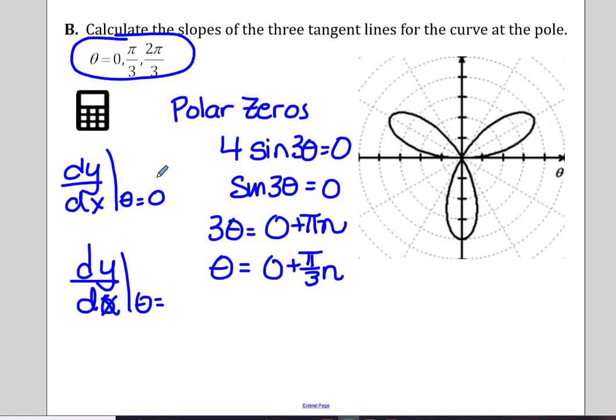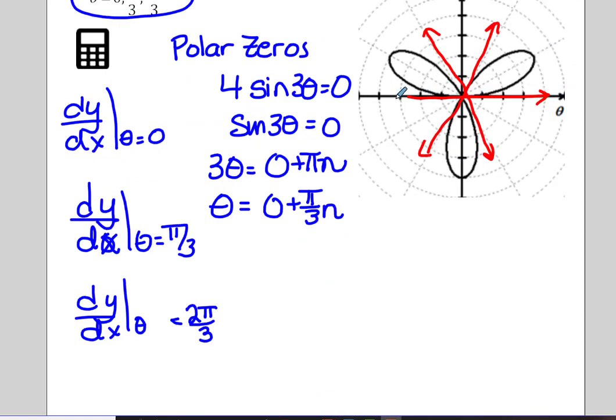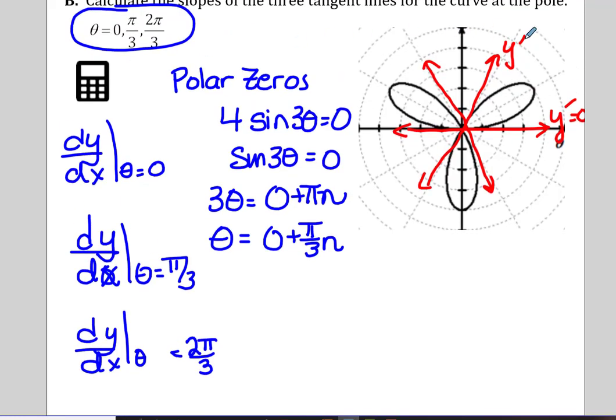And that was verified here in our original setup. So we want to look at 0, at pi over 3, and then at dy/dx where theta is 2 pi over 3. So here you can see this particular tangent line. This is where y prime is 0. This one would be where y prime is going to be square root of 3, and this one y prime would be negative square root of 3.